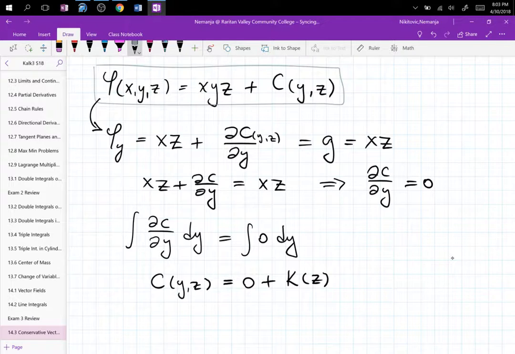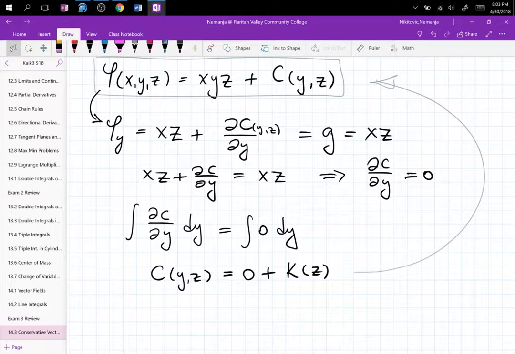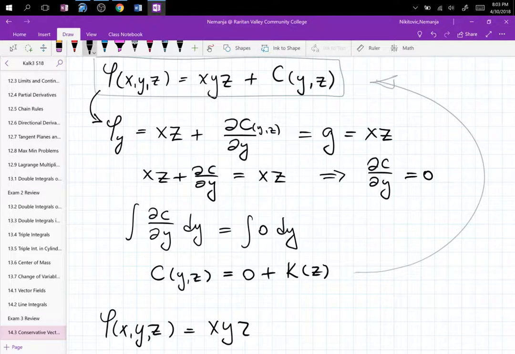Now, we bring this back to our problem and make the problem better. We have phi of xyz is equal to xyz plus, and now instead of having a function c of y and z, I'm having a function k with respect to z alone.